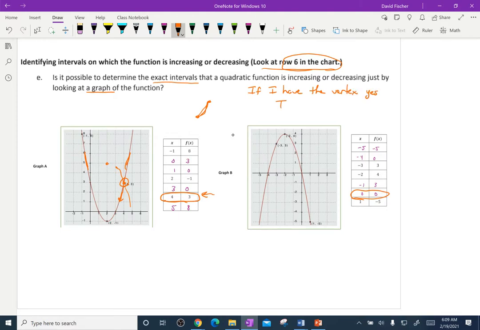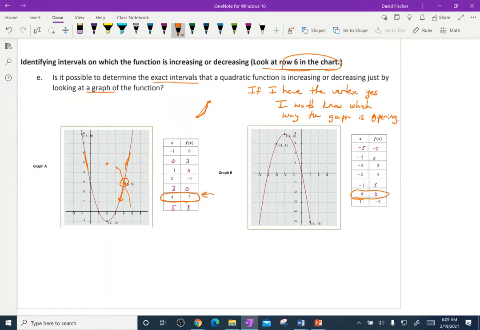I would know which way the graph is opening. Well, it's kind of an interesting question, because I'm not sure.